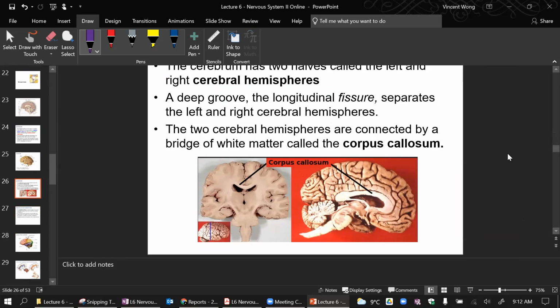What's this big, huge gap here? Someone tell me what this big gap is under the corpus callosum. Just try. Not quite the dural venous sinus.